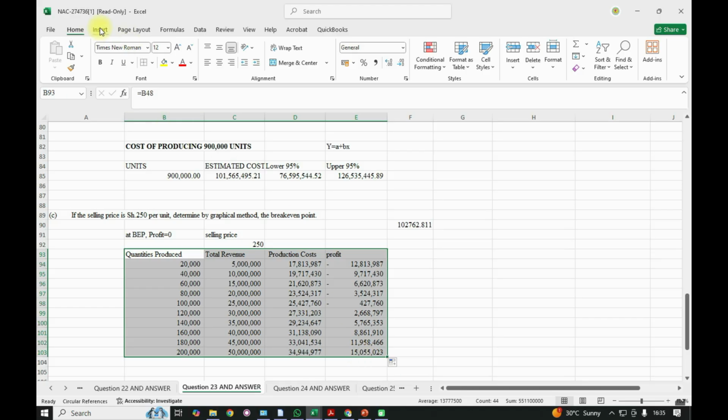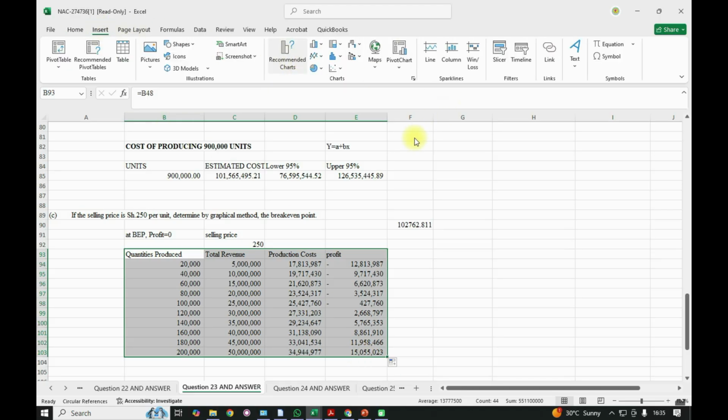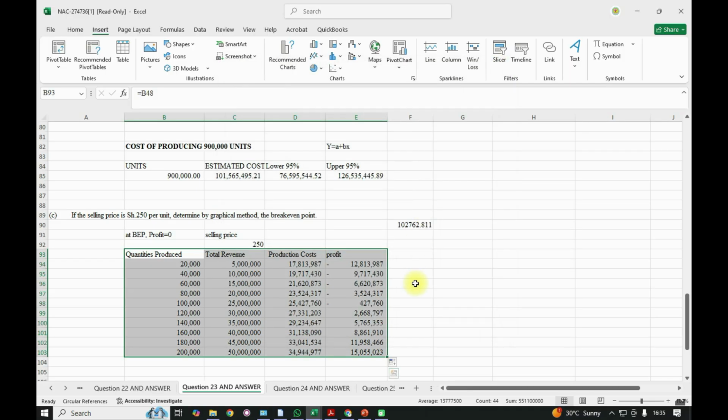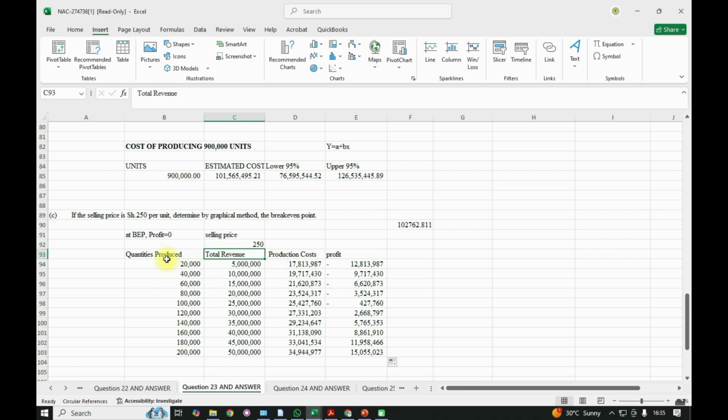So I will insert the recommended chart here, and there must be something, because it's supposed to give us the value, the production cost.